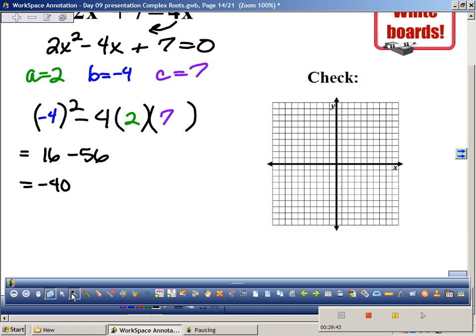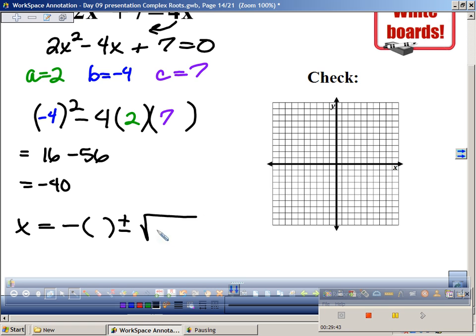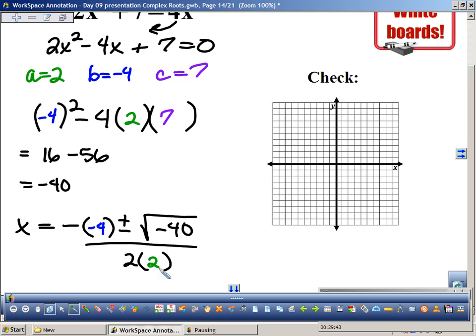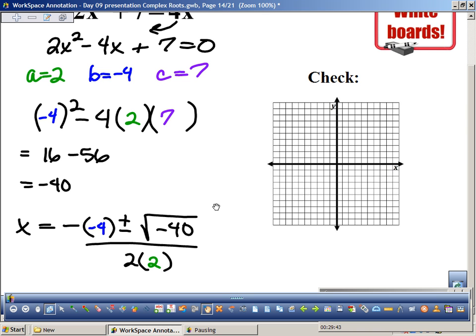From there, I use my quadratic formula, which is negative b plus or minus the square root of my discriminant, which is negative 40, all over 2a. My b is negative 4. My a is 2. Can you guys finish it from there? On whiteboards, please.